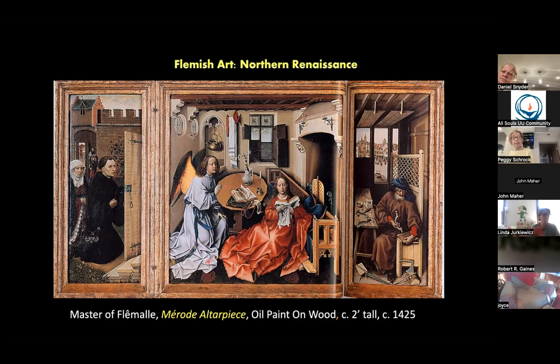Let me get my laser pointer out of the way before we mistake it again. So let's look at this central panel. We have Gabriel, who's just swooped in. And see, she's not even aware of him yet. She hasn't looked up yet. This is very medieval in many ways. The main thing that's Renaissance here is the oil and the color.